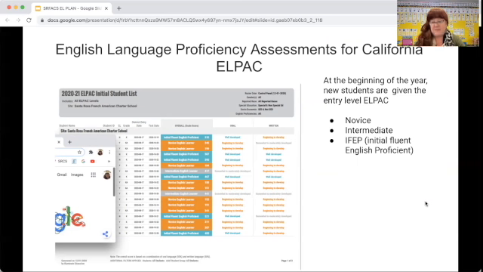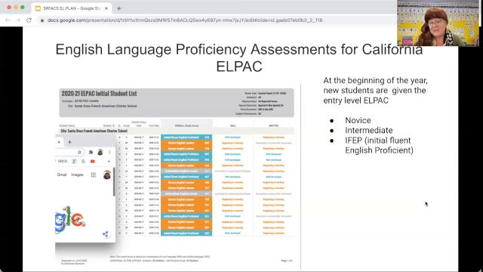They are then given the test called the English Language Proficiency Assessment for California, otherwise known as the LPAC. And they are given their initial level. A student might score as IFEP, or initial fluent English proficient. Okay, so this is a student who is exposed to another language.